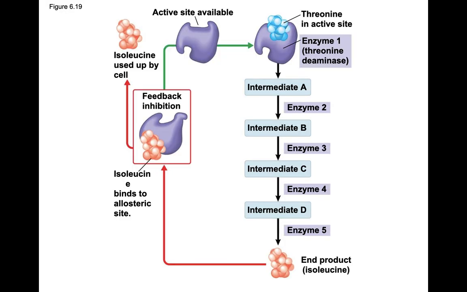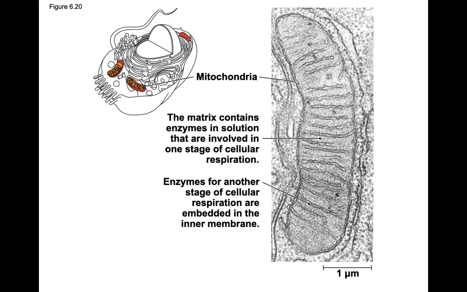And a good example would be the end product of isoleucine being a feedback inhibition. It's going to allosterically bind to the enzyme tyrosine, and it prevents this molecule from binding to it and having this chemical reaction occur.